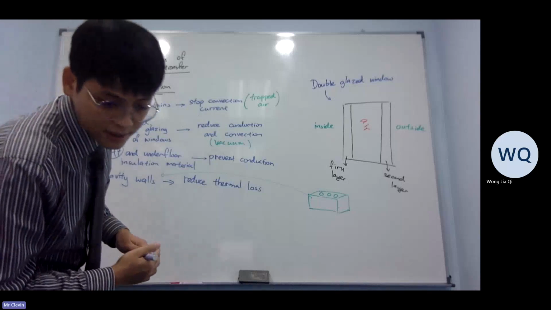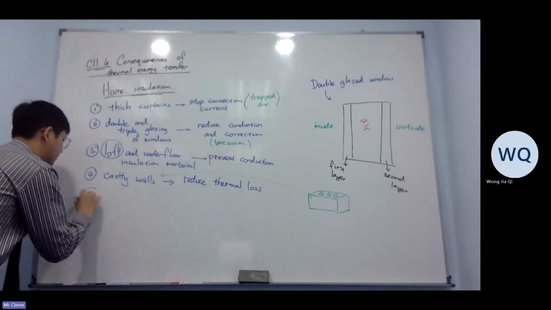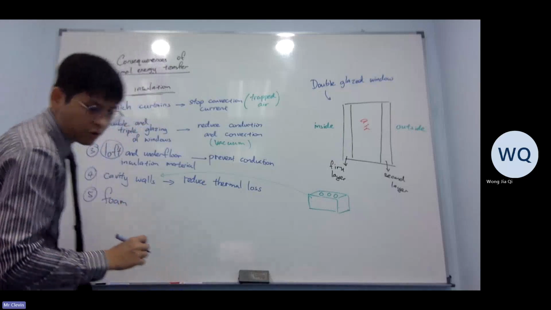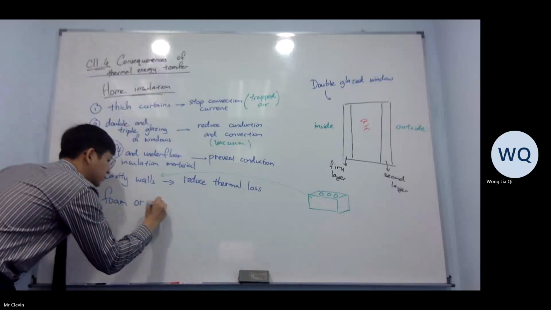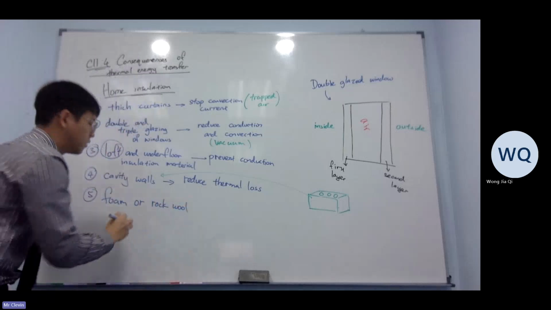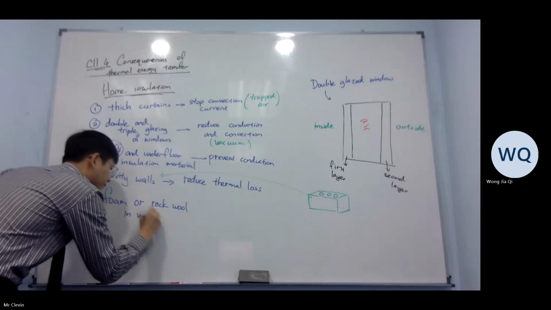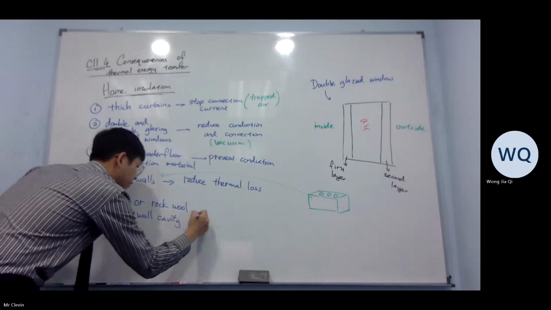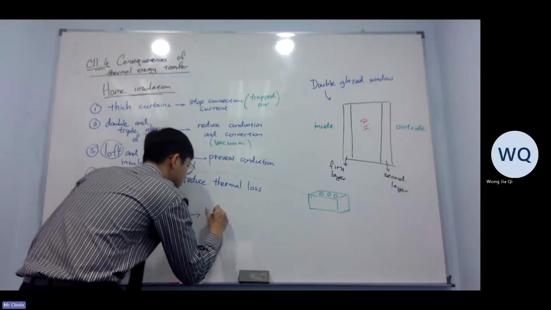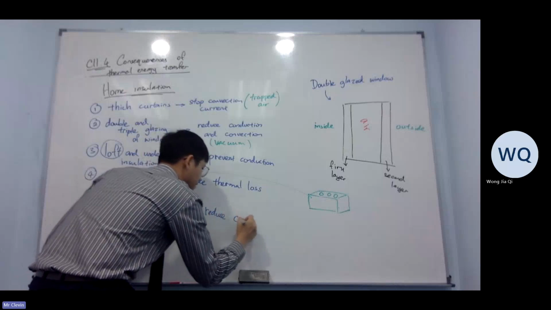And then last but not least, number 5, foam, which is what we're using. Foam or rock wool. The usage for this is still to reduce convection.